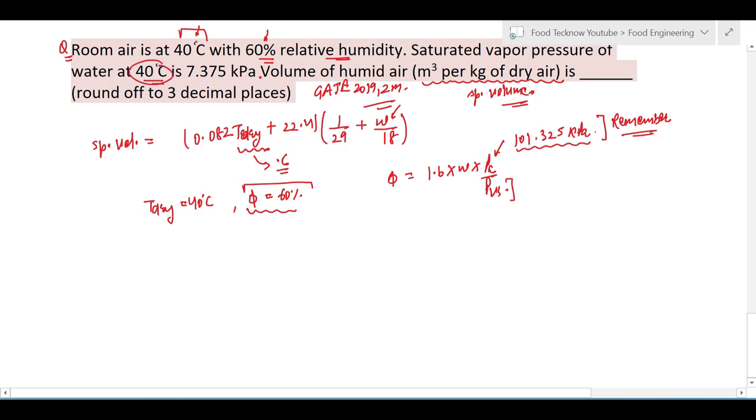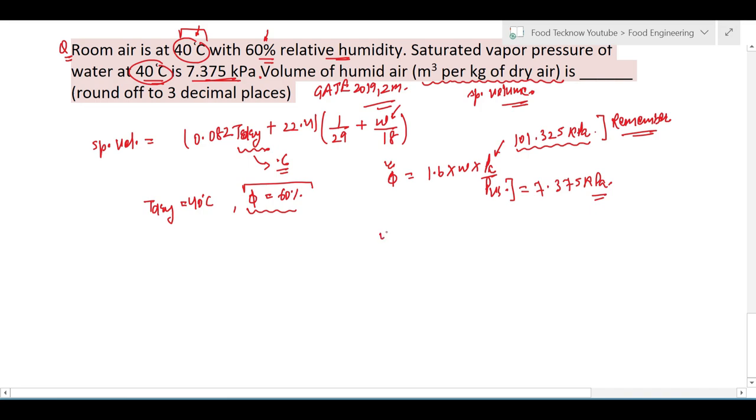So it is the same temperature. This pressure is the saturated vapor pressure, so it is equal to 7.375 kilopascal. Okay, so we know the value of phi, that is 60%, and we know the value of PA and PVS, so we can calculate the value of W, right?